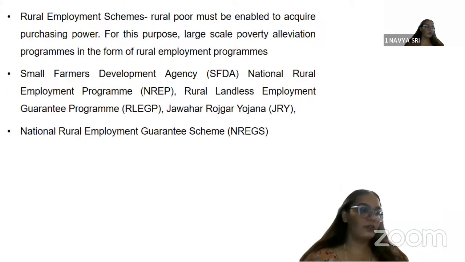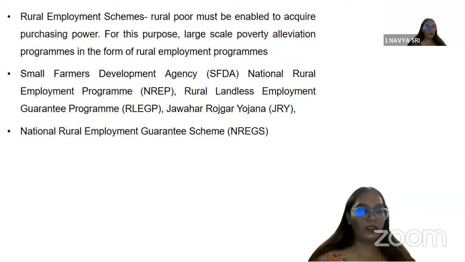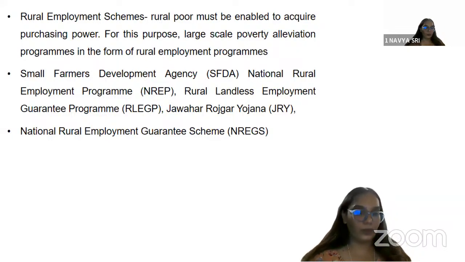Then certain schemes which would help the farmers understand. Then the National Rural Employment Scheme. This is a way to improve the buying power of the rural agricultural workers who can in turn buy the farmers' yields.